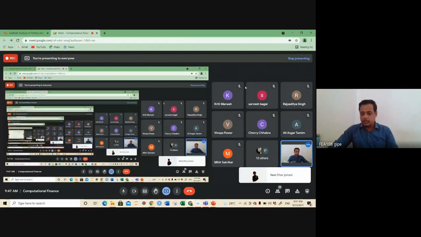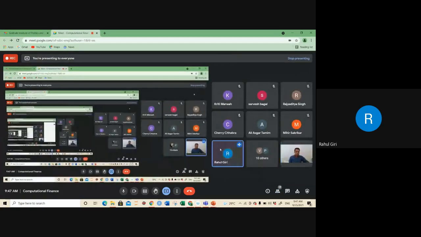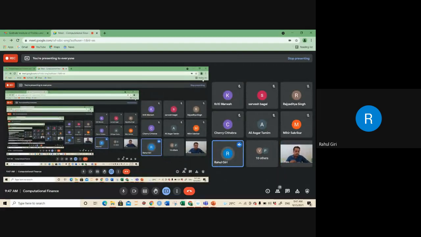Okay. Yes. Someone has raised a hand. Rahul or so. No, I was telling the same thing, that basically we take one particular event into consideration and we want to observe how the market was reacting before this particular event and how it has reacted after the event, so if there are any abnormal returns being generated in the market due to this particular event.